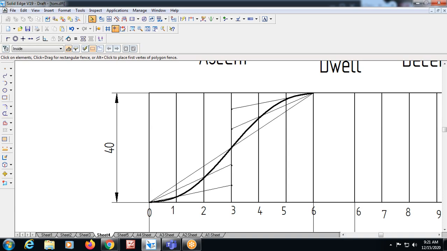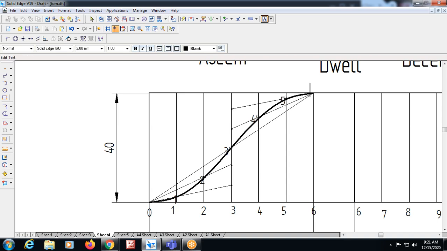Even you can number these things. So what I will do, I will number these as 1 dash, then 2 dash, then 3 dash, 4 dash, 5 dash, and then 6 dash.